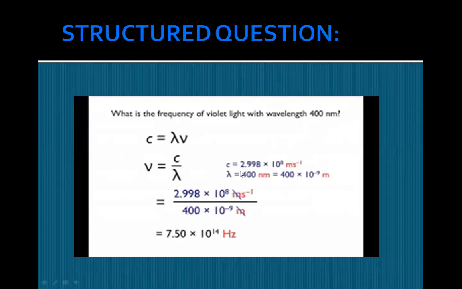You can write c = 3 into 10 raised to 8 meter per second, or the more exact value is 2.998 into 10 raised to 8 meter per second. And the wavelength is 400 nanometer. I have told you nano means 10 raised to minus 9. It's a prefix used here. So when you divide these two values by using the equation c = fλ, we get the frequency 7.50 into 10 raised to power 14 hertz.